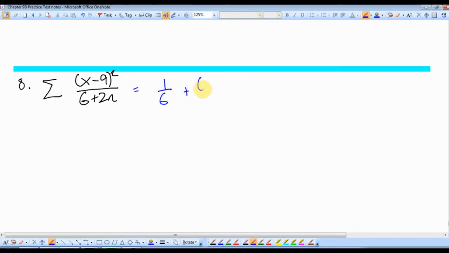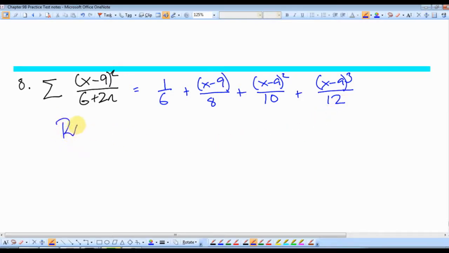1/6 plus x minus 9 over 8 plus x minus 9 squared over 10, plus x minus 9 cubed over 12. Okay, it's not geometric. So we're going to have to use a ratio test.